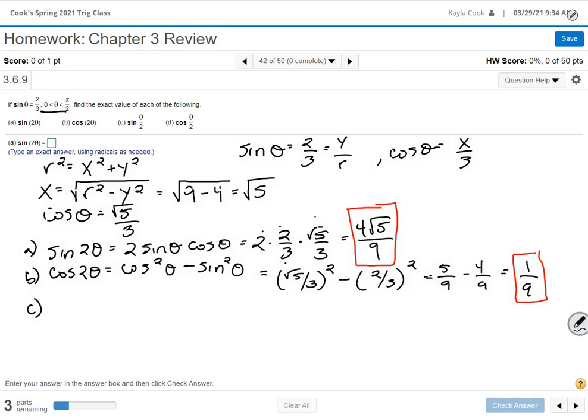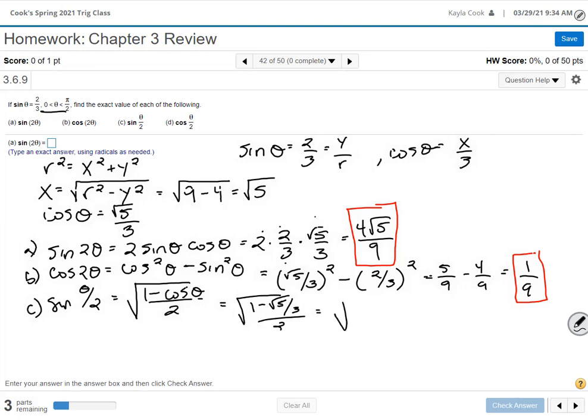So I'm again going to use the positive solution, and that's the square root of 1 minus cosine over 2. Perfect. So now we just plug in cosine theta, which was the square root of 5 over 3, and divide by 2.